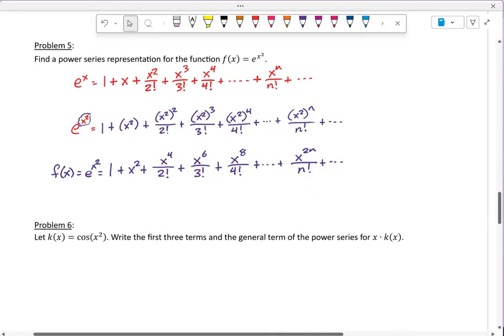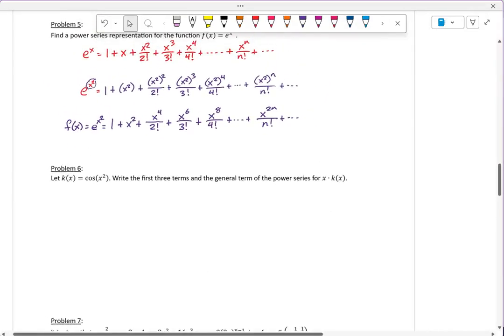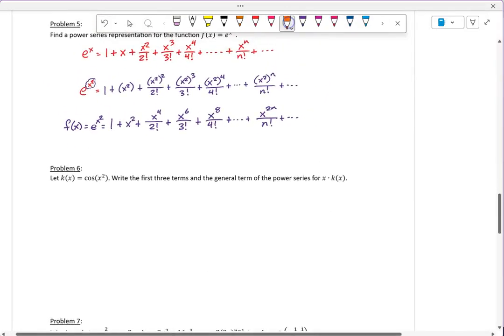Problem 6. We have let k of x equal cosine of x squared. Write the first three terms and the general term of the power series for x times k of x. All right. So this one, we did do ones similar to this. You would want to say, okay, first off, what is cosine of x?